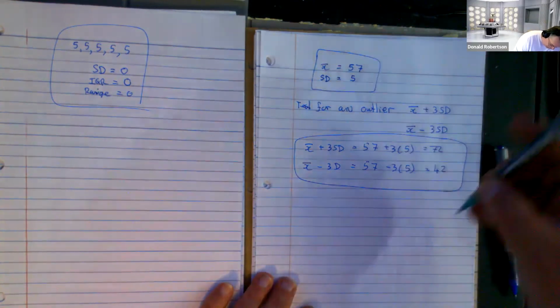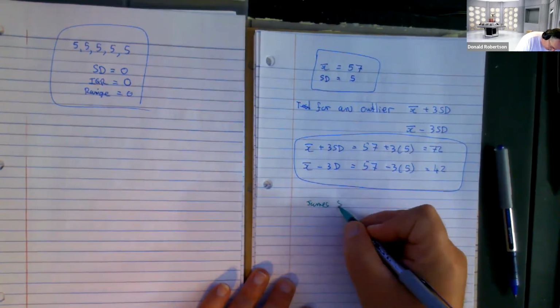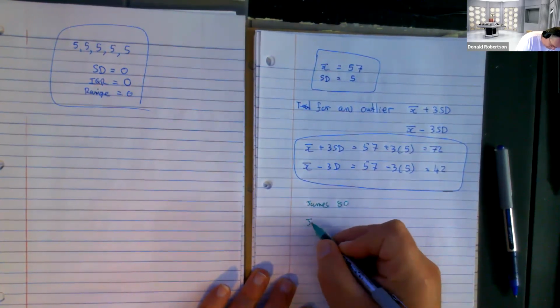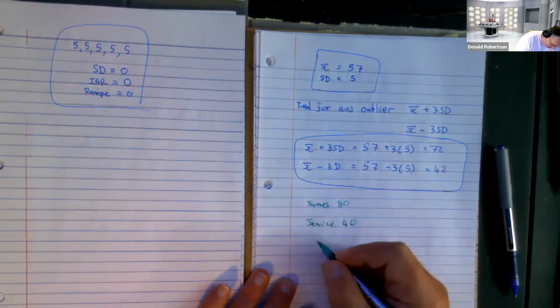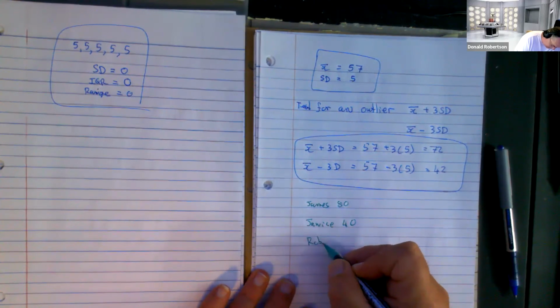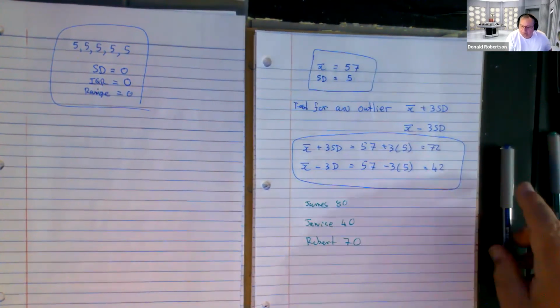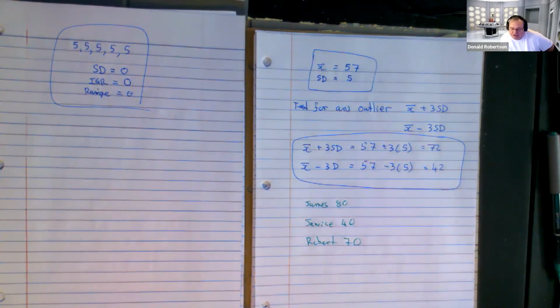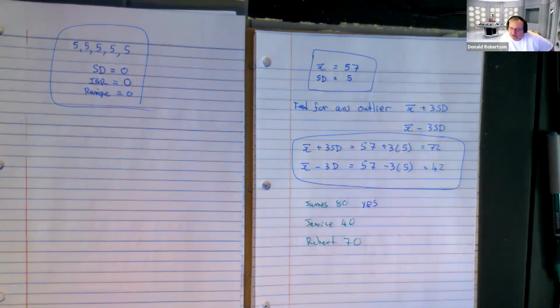So suppose someone said to you, James got 80. Janice got 40. And Robert got 70. Is James an outlier? Yes. Is Janice an outlier? Yes.